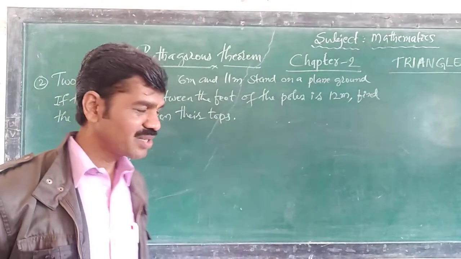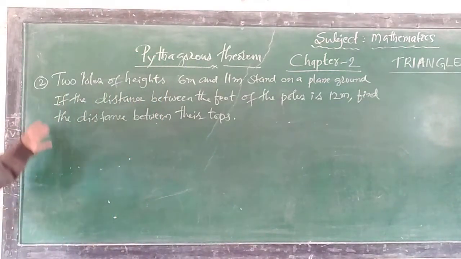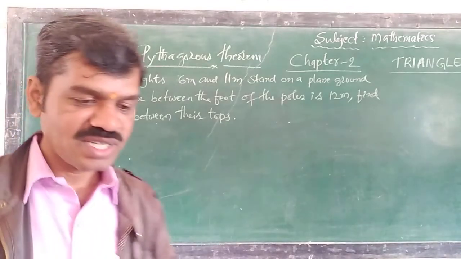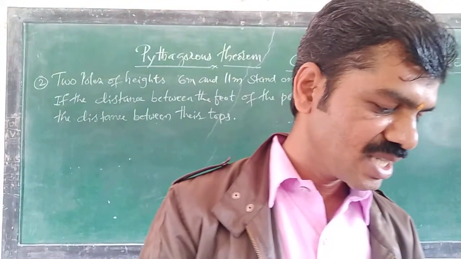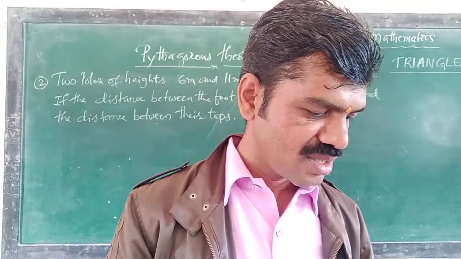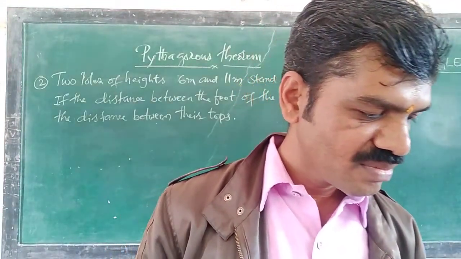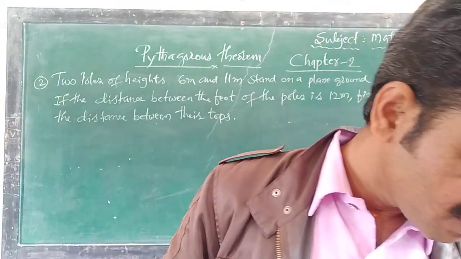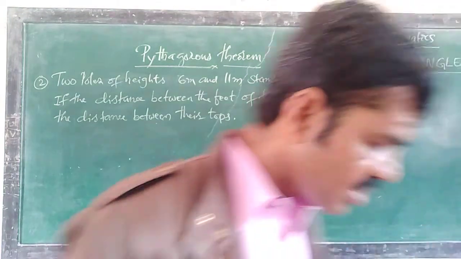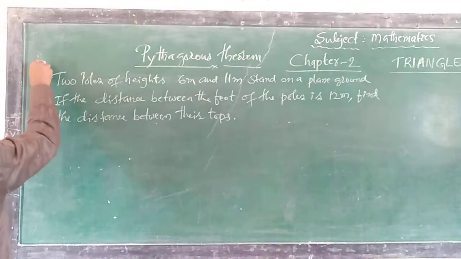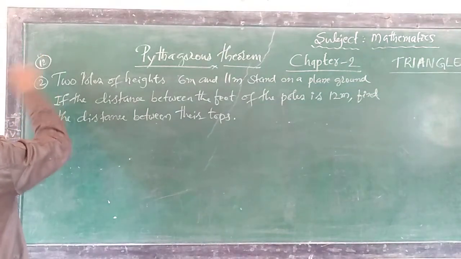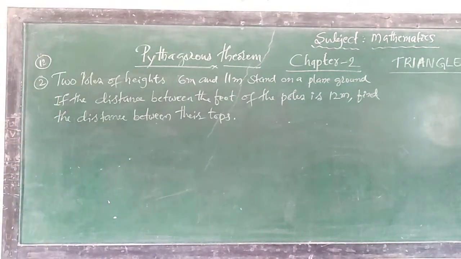Yes, dear students, we have another question. Question number 2. It is also there in your exercise. The exercise number in the textbook is exercise 2.5, 9th question. Sorry, 12th question. This is also a question in exercise 2.6 in this chapter 2.